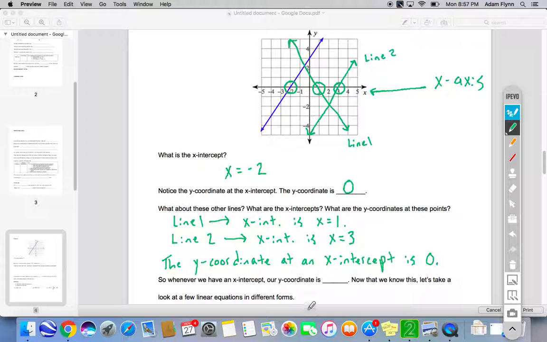Okay, so whenever we have an x-intercept, our y-coordinate is 0. Now that we know this, let's take a look at a few linear equations in different forms to see how we can also find x-intercepts, not given a graph. Okay, so pause the video if you need more time.